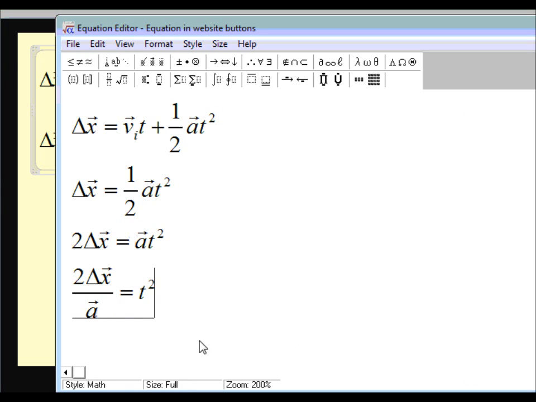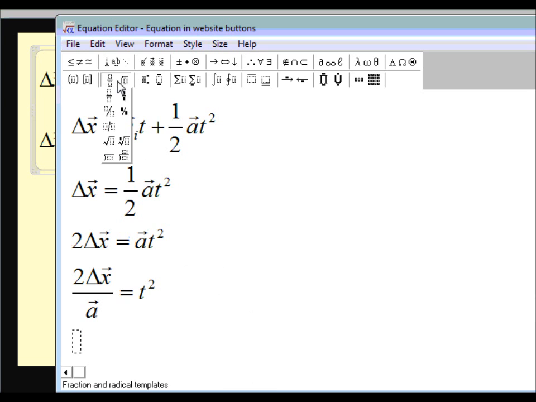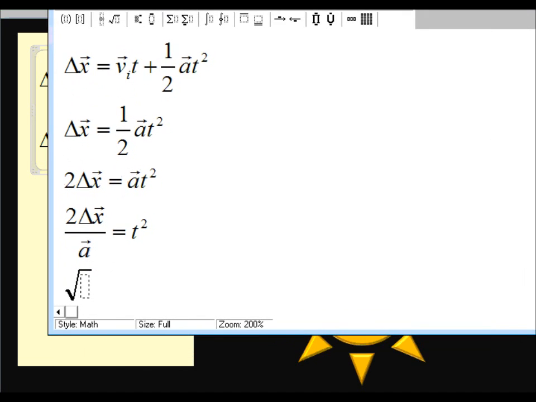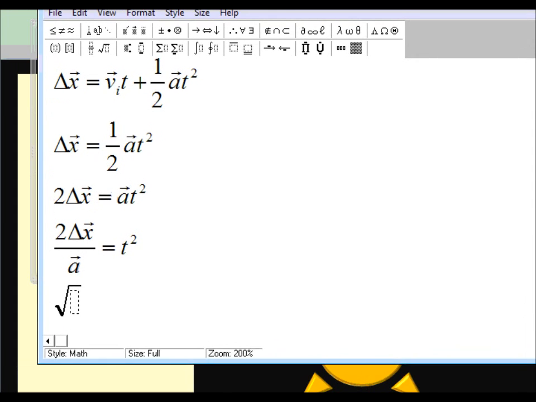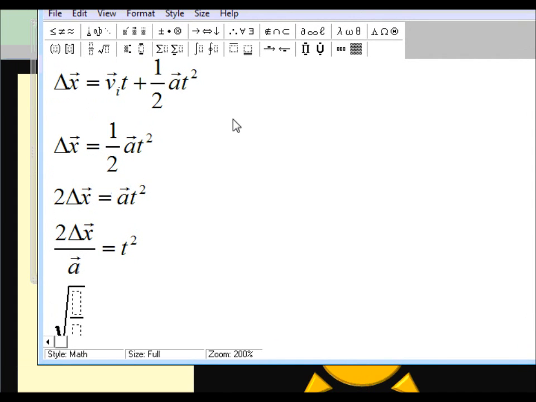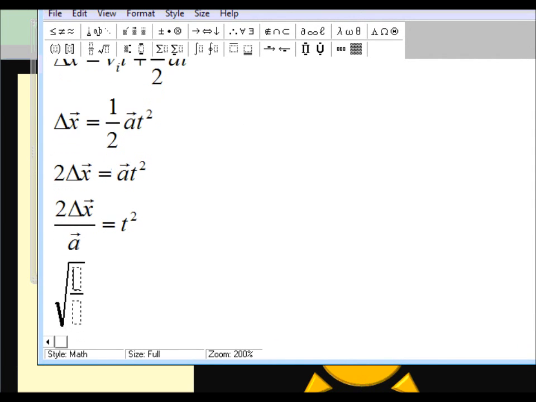To get t alone, we need to take the square root of both sides of the equal sign. So square root of everything on the left-hand side of the equal sign.